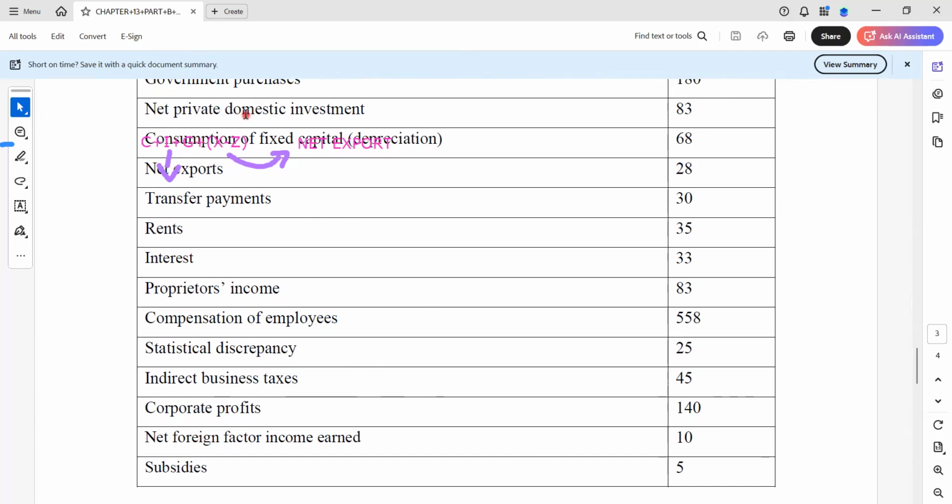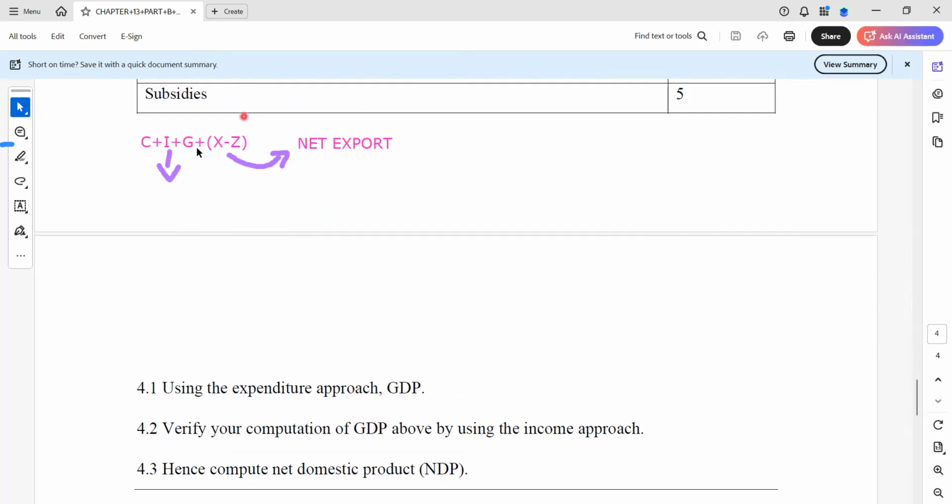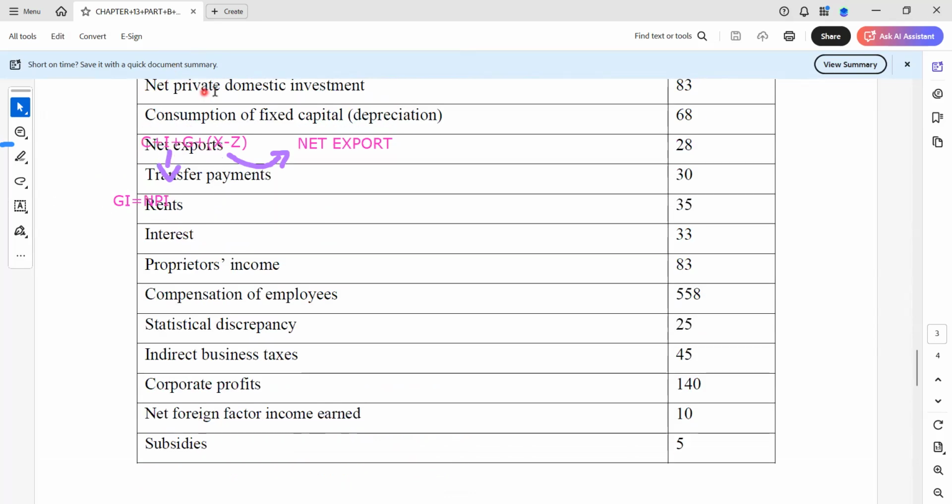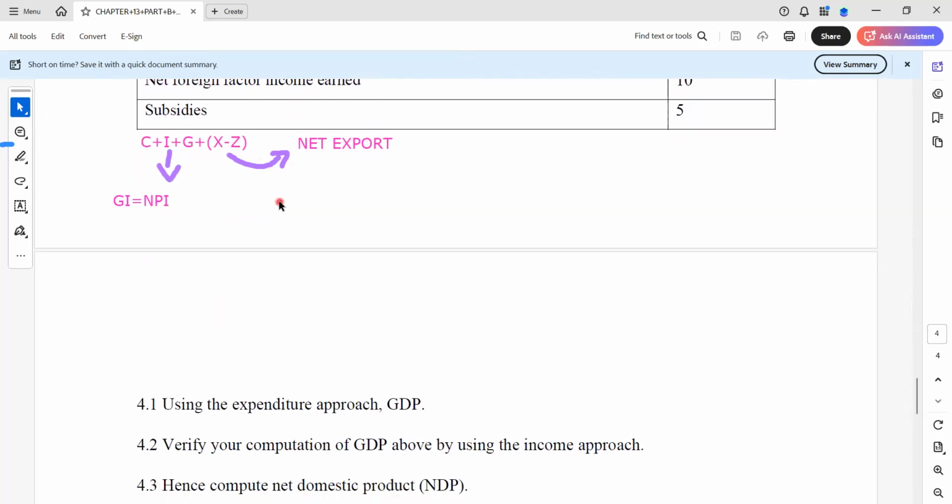So to get the gross investment here, when you're calculating GDP using the expenditure method, this I here is for the gross investment, right? We're supposed to get the GI, the gross investment, which is equal to the net private investment, the one which I was showing you. Let me just go back again. This one, the net private domestic investment, which is equal to that one, plus the consumption.